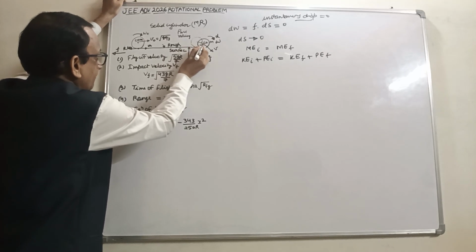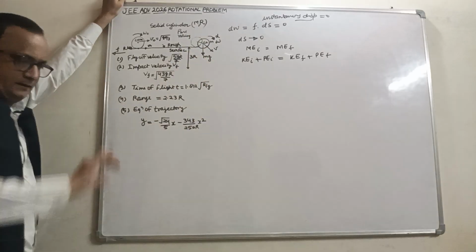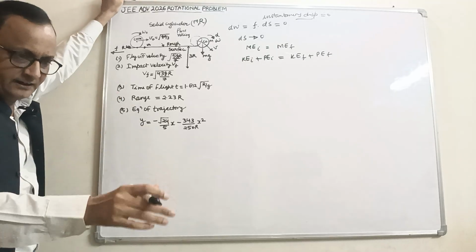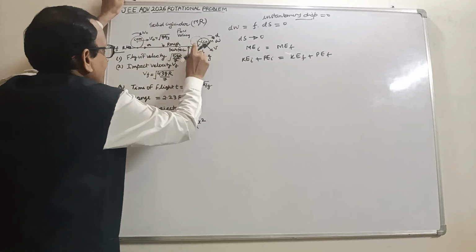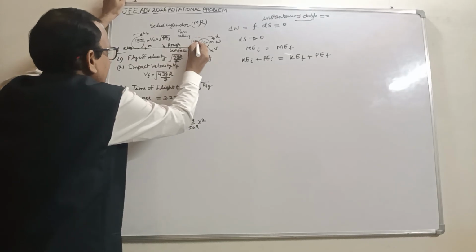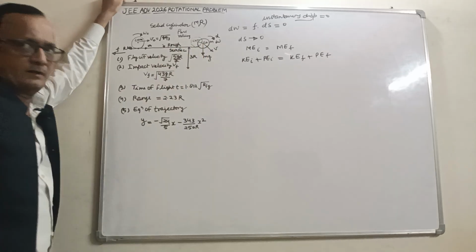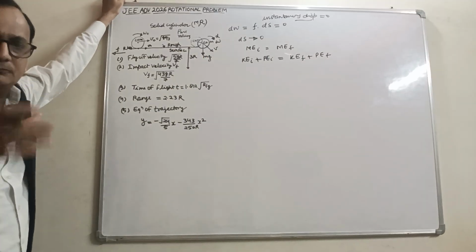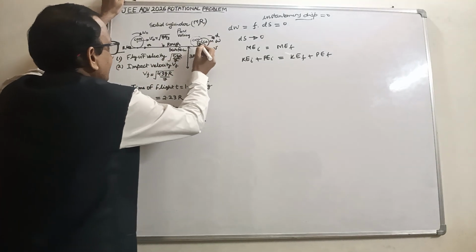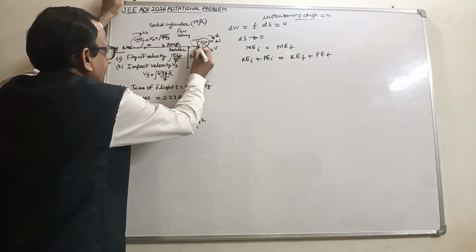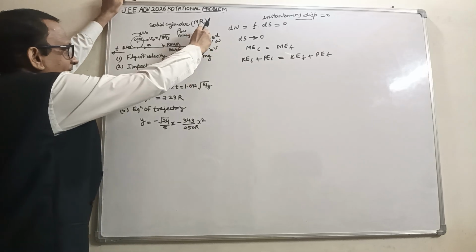Center of mass travels in a circular path, a circular arc. This is a center of mass, and this is also a center of mass. So the center of mass is moving in a circular arc. So at that instant, we have to find the torque.